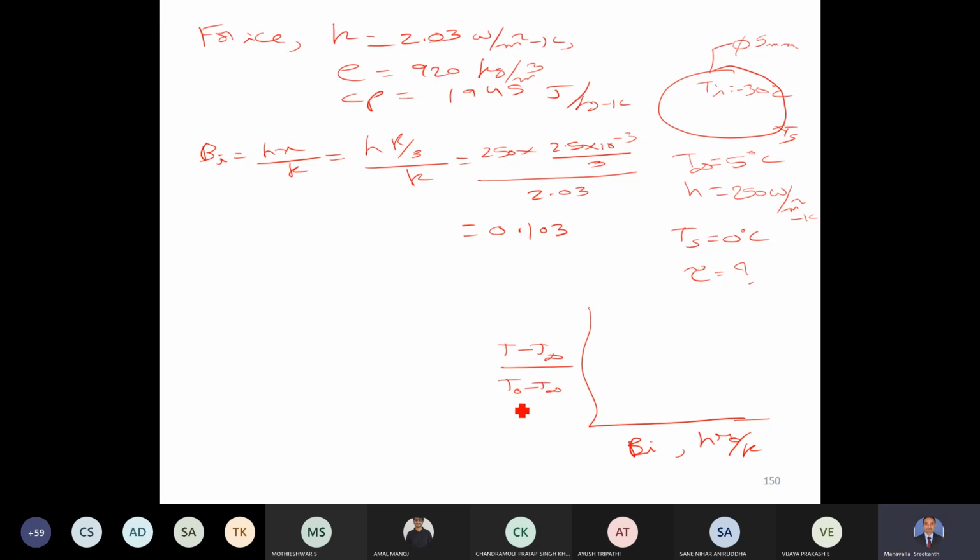Now what is T naught? Can anybody tell what is T naught? Not the value, what's the meaning of T naught? T naught is the center temperature.